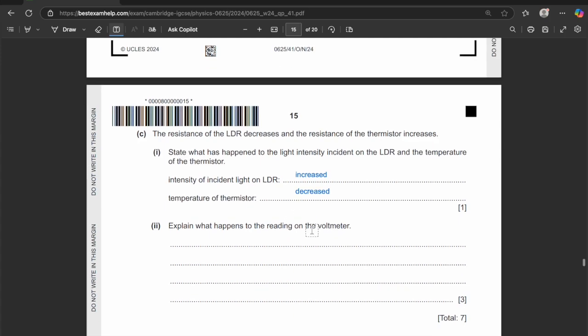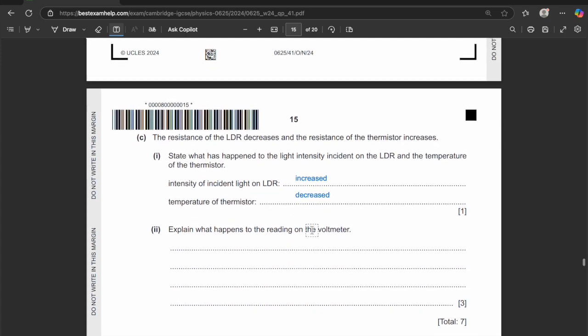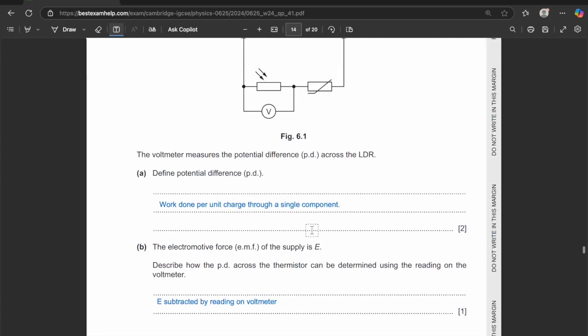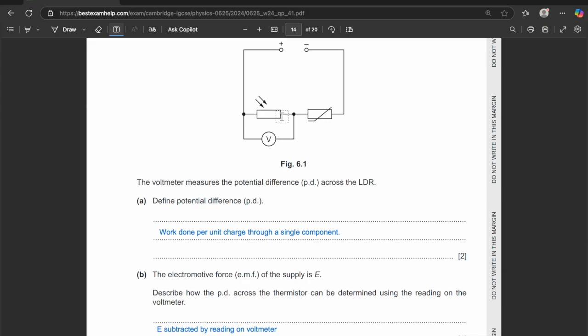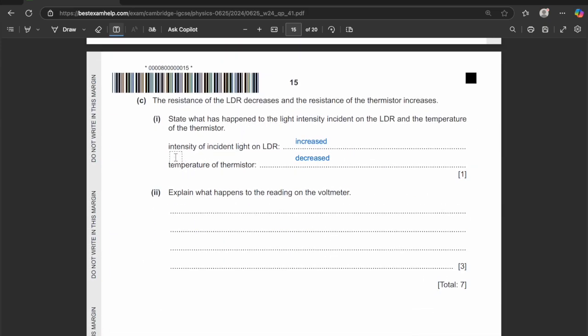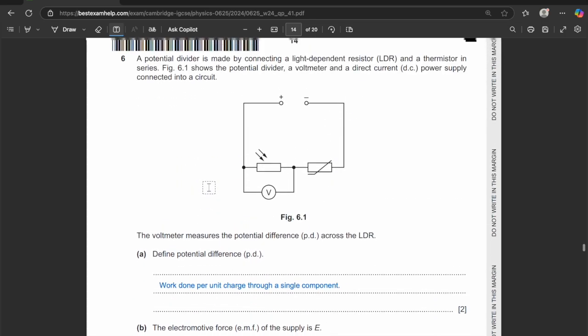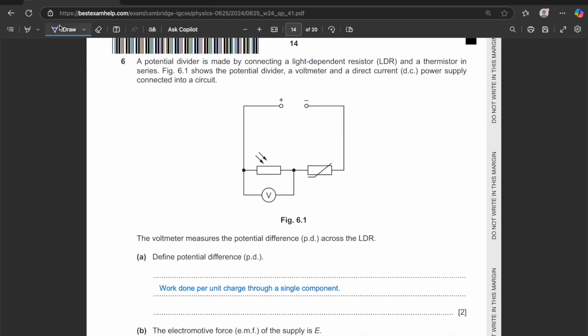Explain what happens to the reading on the voltmeter. Because the voltmeter is connected to the LDR and the resistance decreases, the reading will be decreased. This is because first of all, we have this connection between voltage and resistance, right?